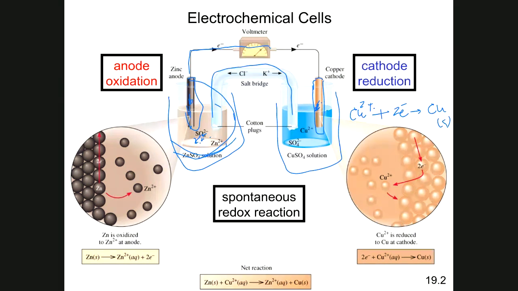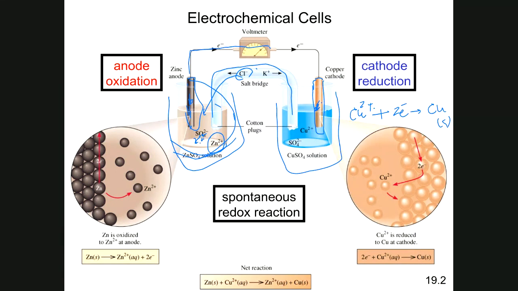As a result, from the salt bridge, which is made of potassium chloride in this case (it could be potassium nitrate, sodium nitrate or sodium chloride), the chloride ion is going to move to the anode, because in anode oxidation takes place and plus charge is being produced. So the negatively charged anion is going to move from the salt bridge to the anode.